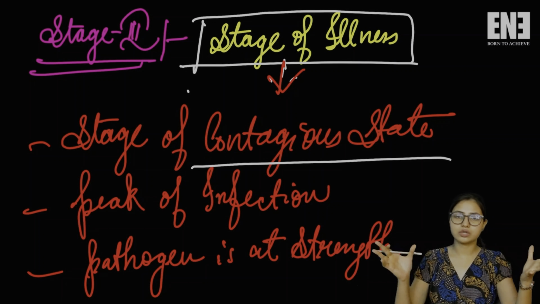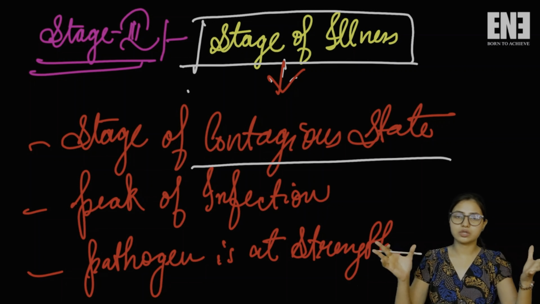लेकिन one more thing is that from here the symptom starts to increase, then it decreases in this state. That means the symptom starts to increase from the prodromal period. ठीक है?